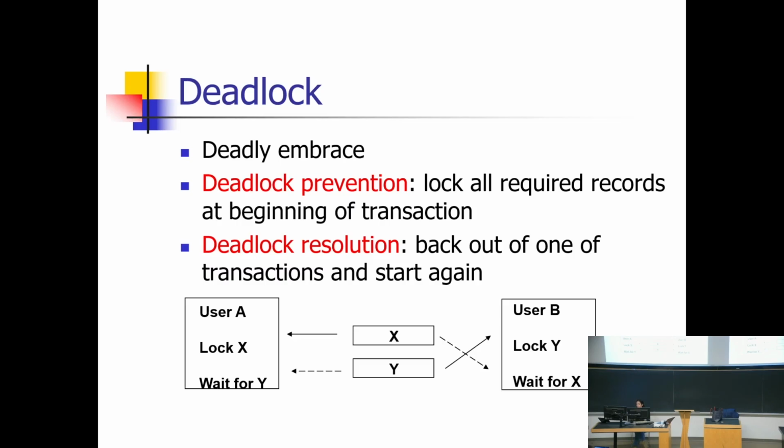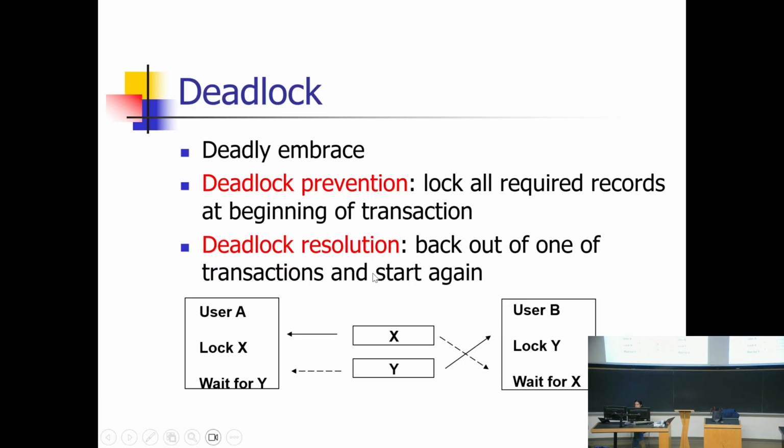For example, here, transaction A is holding X and wants to access Y. And transaction B is locking Y, but later wants to access X, which is locked by A. So at the same time, both transactions, A and B, want to access X and Y, which are locked by the other transaction, right?